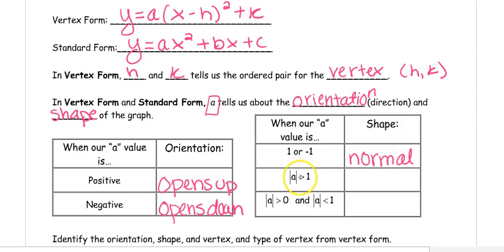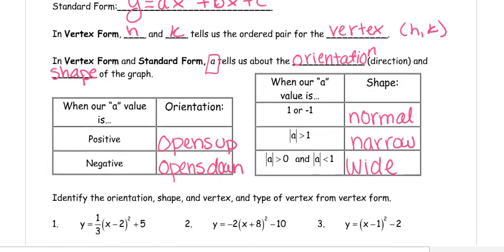If the absolute value of a is greater than 1, then it is a narrow shape. And if the absolute value of a is greater than 0 and less than 1, then it is wide.